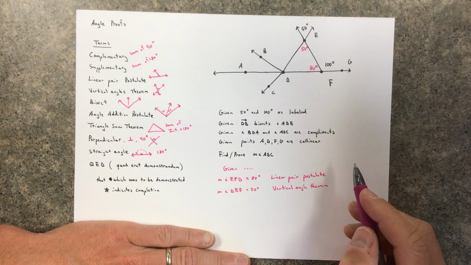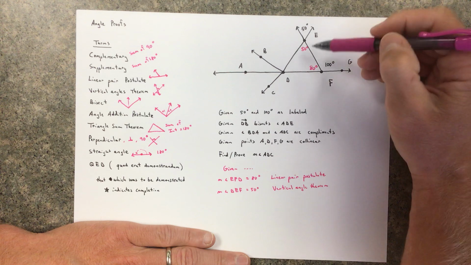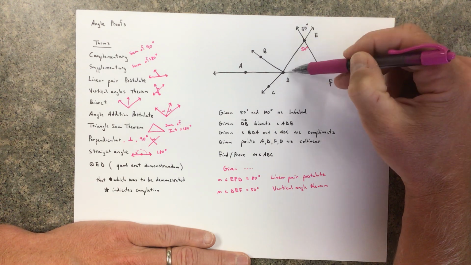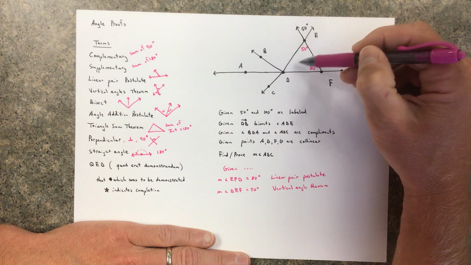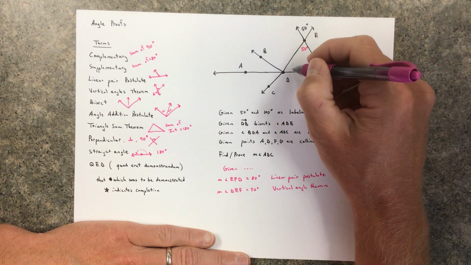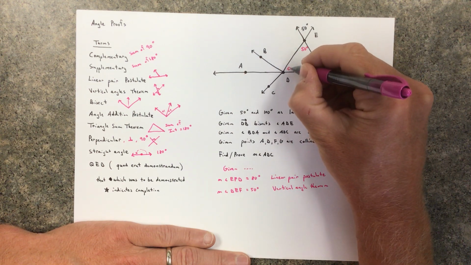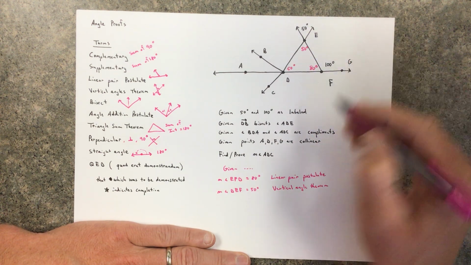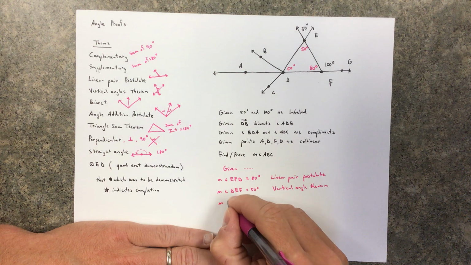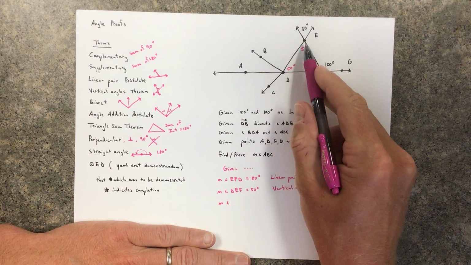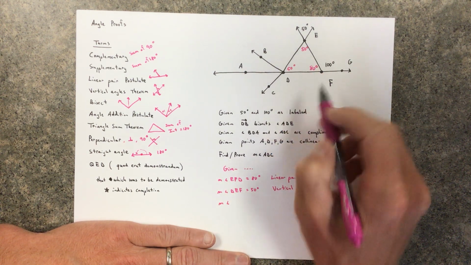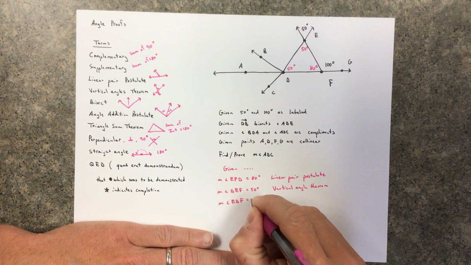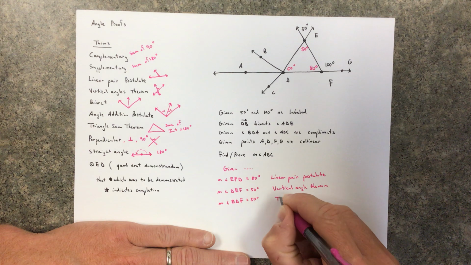All right. Then if this is 50 and this is 80, that's 130, and I know that the triangle sum theorem says that this angle also must be, it turns out, 50, right? Because 50 plus 80 plus 50 equals 180. So the measure of this angle, EDF, is also 50 because of the triangle sum.